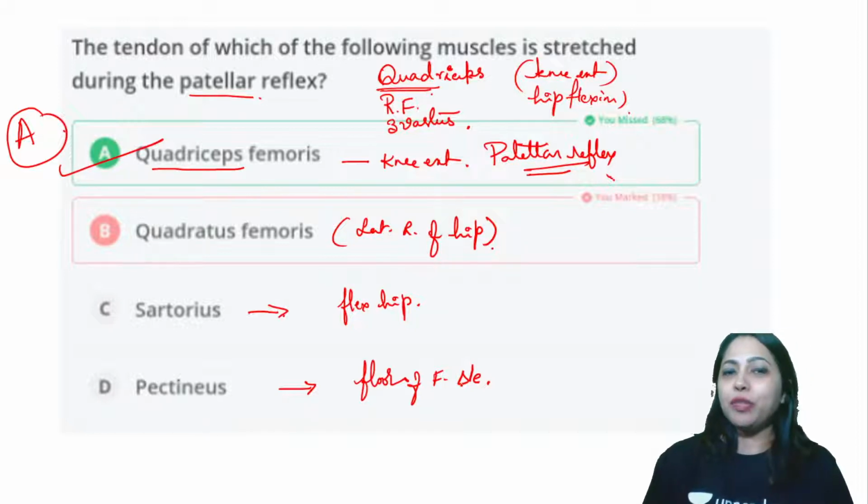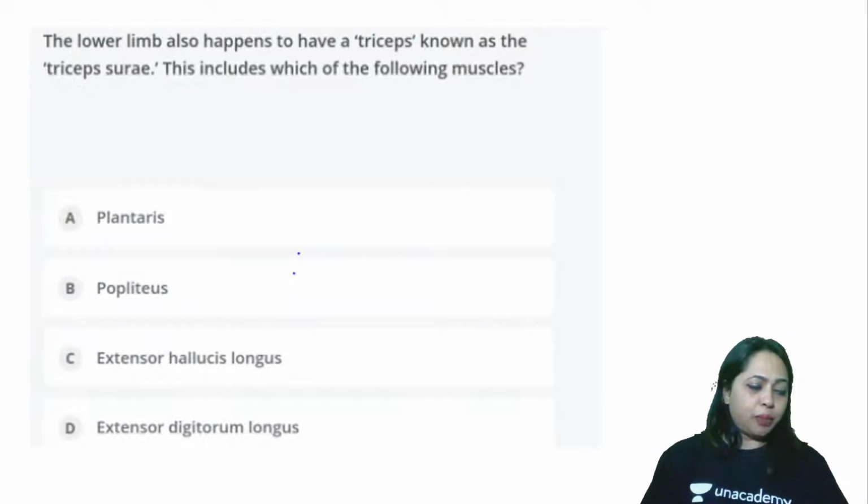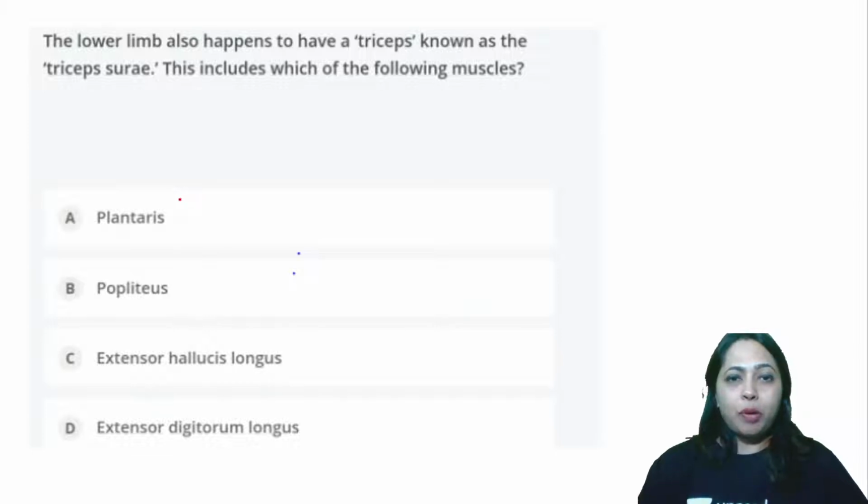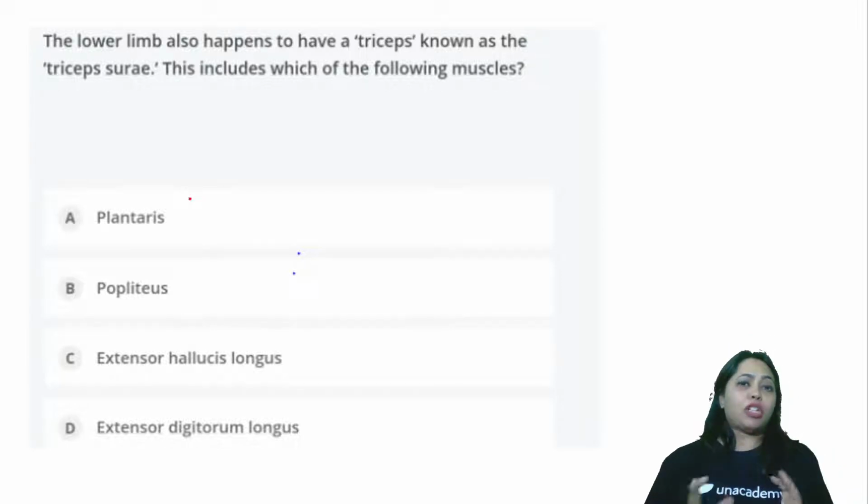All right, let's move to the next one. Here we have another question which is about the triceps. It says the lower limb also happens to have a triceps known as triceps surae. So this is not the triceps that we are talking about in the upper limb.